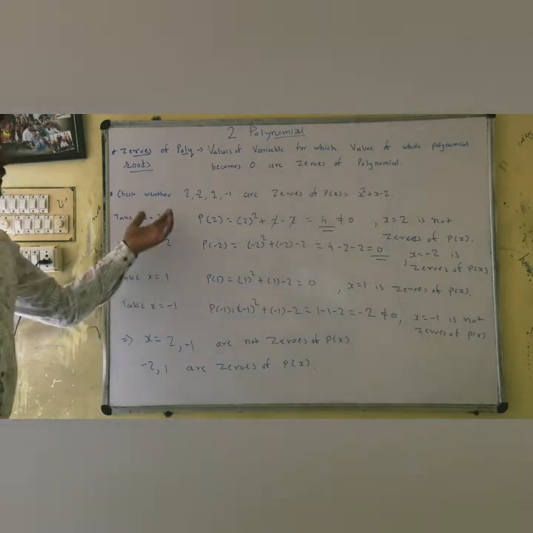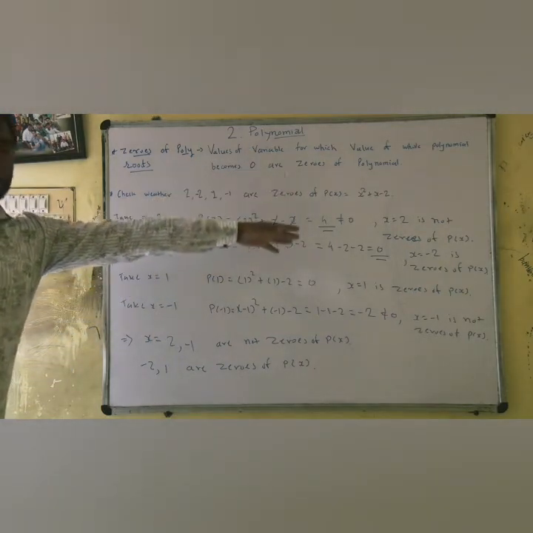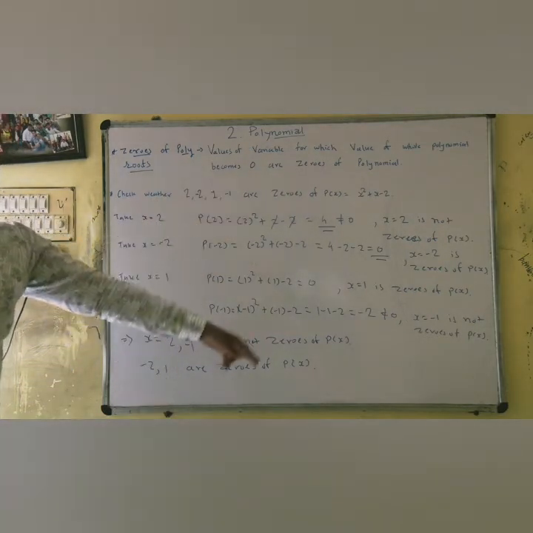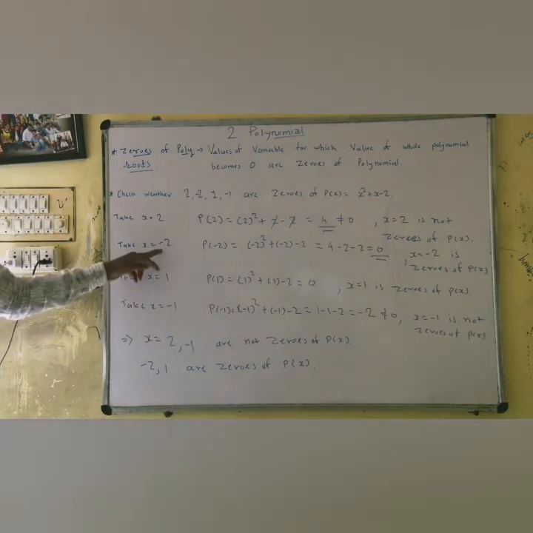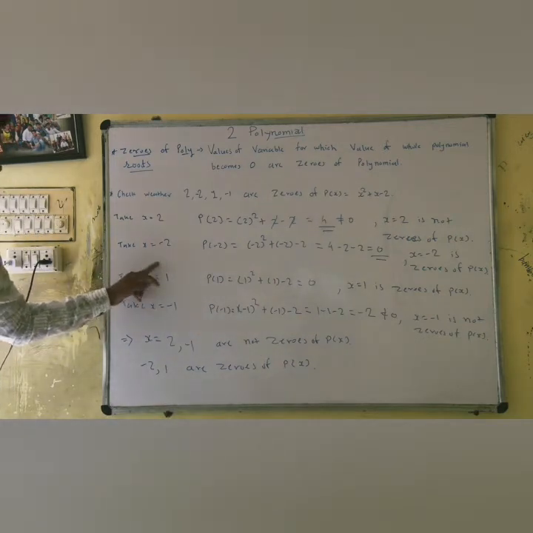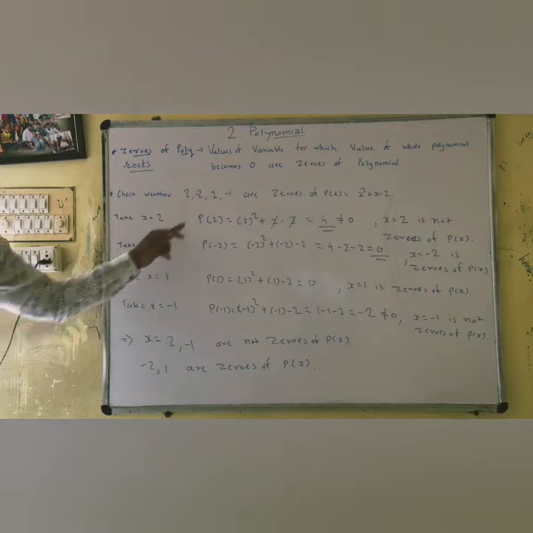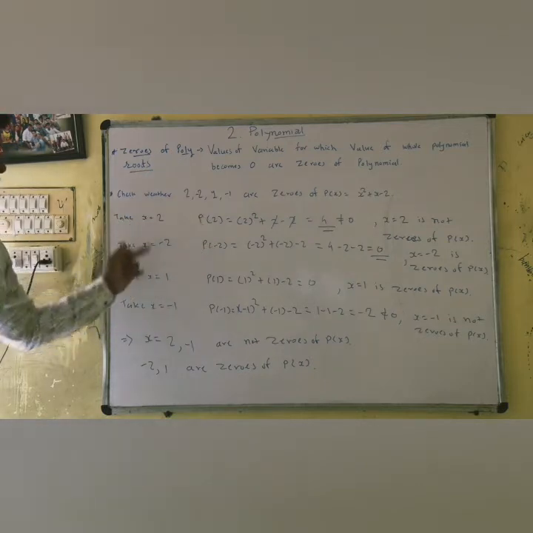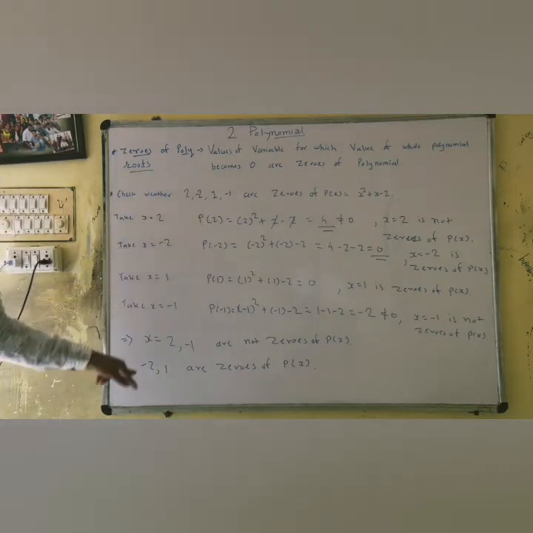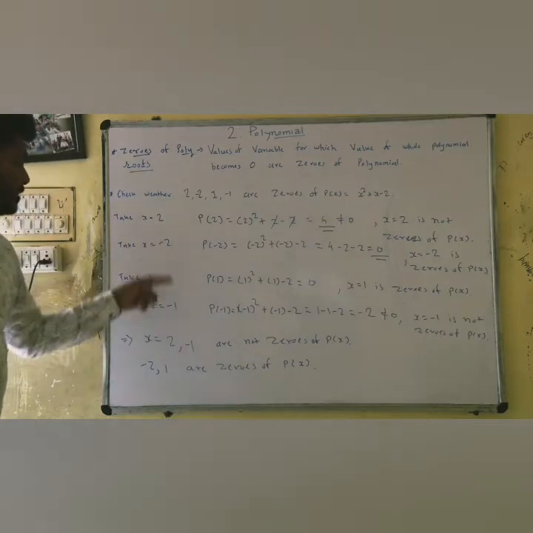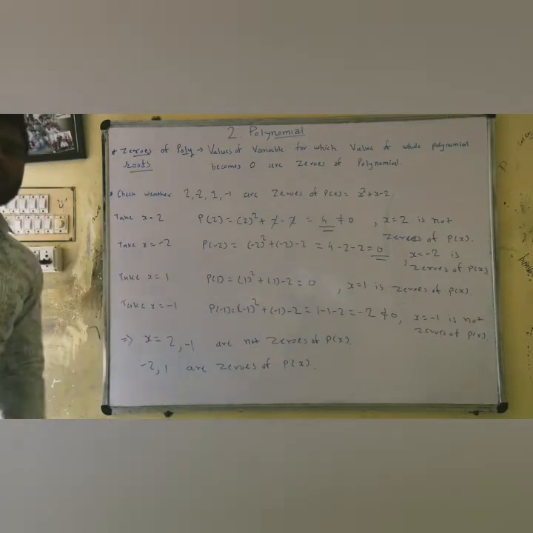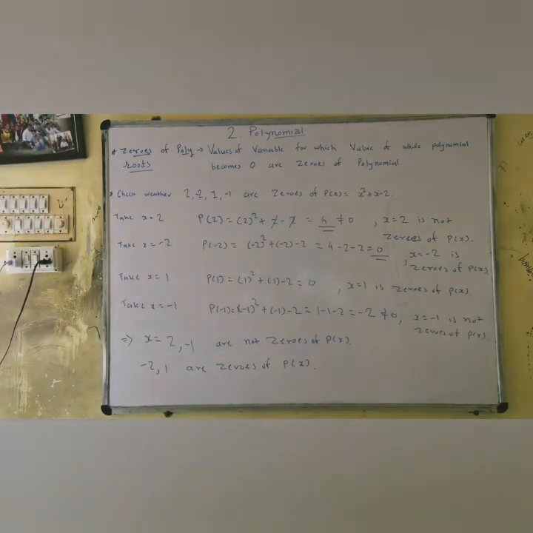Clear? What we do is put the value inside the polynomial; for those values for which the whole value becomes 0, those values are zeros. For those for which the whole value is not 0, those are not zeros. So these two are zeros of the polynomial and these two are not. Clear everyone?